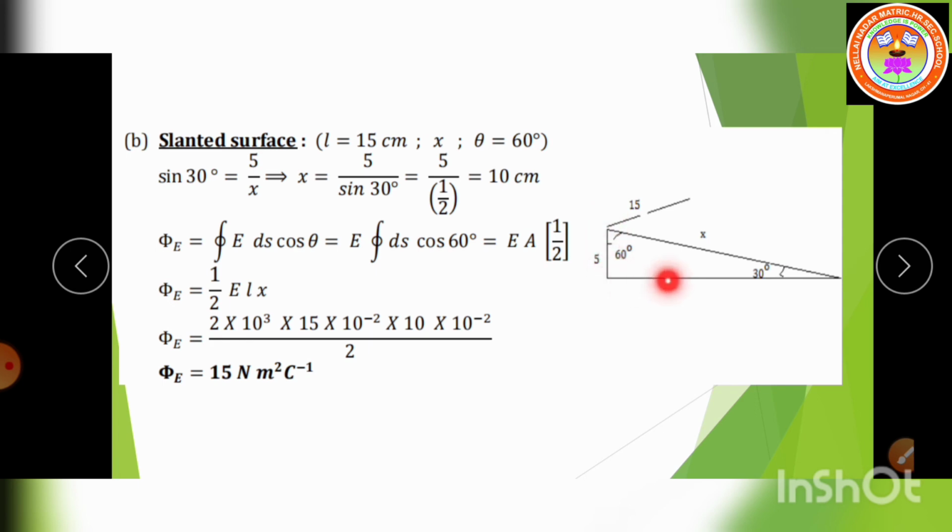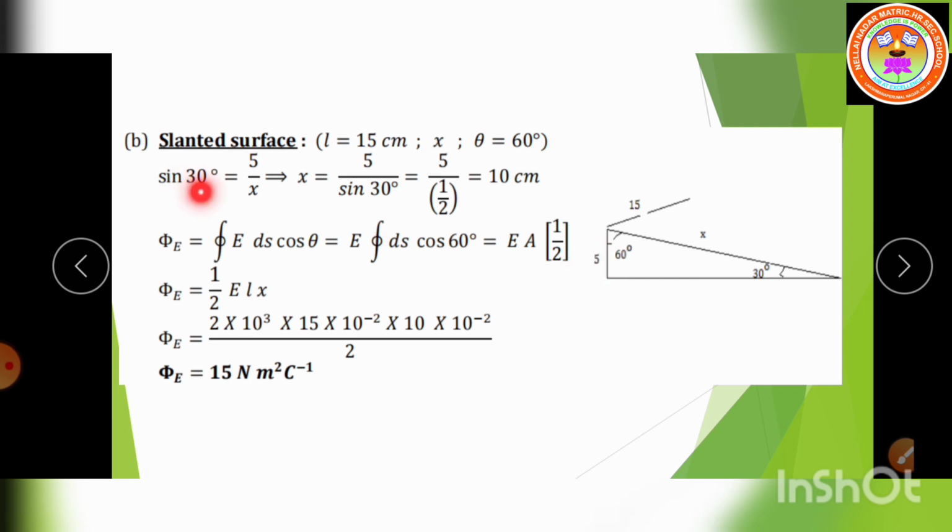Now take this triangle and calculate the value of x. For that, apply sine 30 degree. Sine 30 degree, opposite side is 5. Then here is x. So we can write this. The 5 is in the form of centimeter, so the answer we will also get in the form of centimeter.